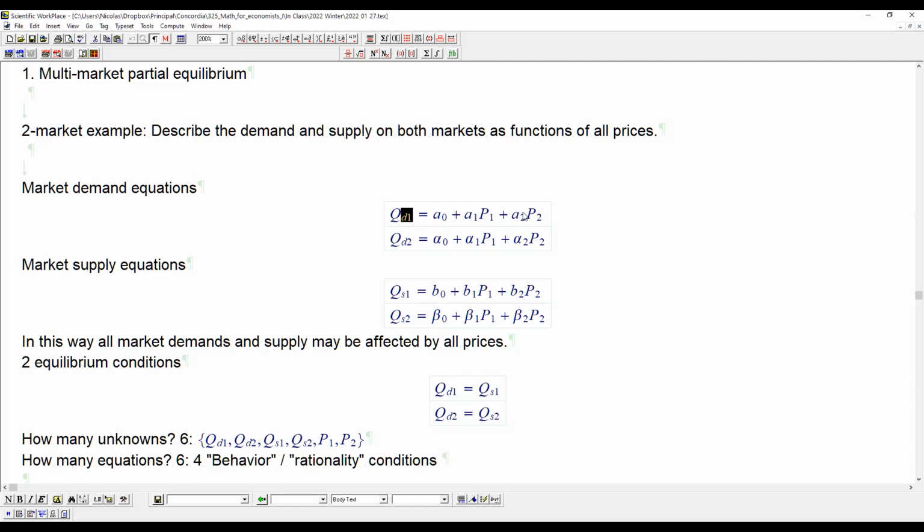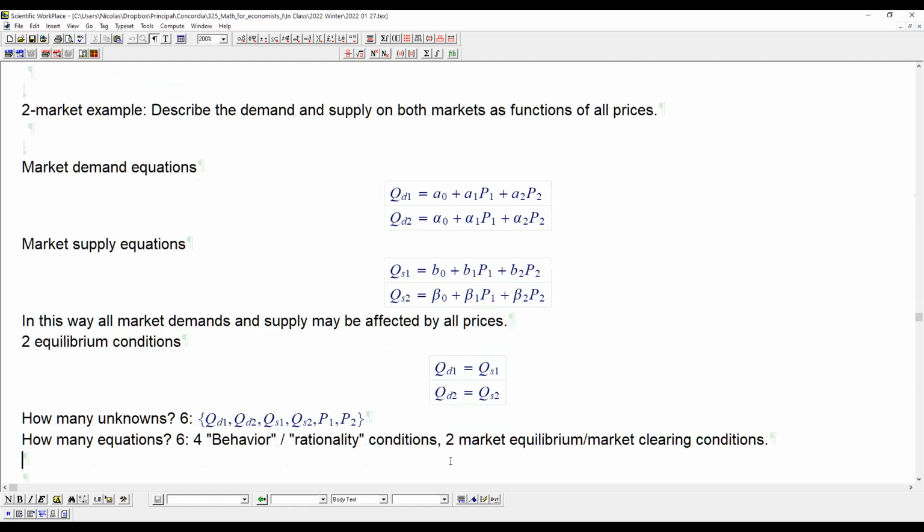So this is the description of their behavior. And I have, of course, 2 market equilibrium conditions, or sometimes you call them market clearing conditions. So with this, I should be good to go.